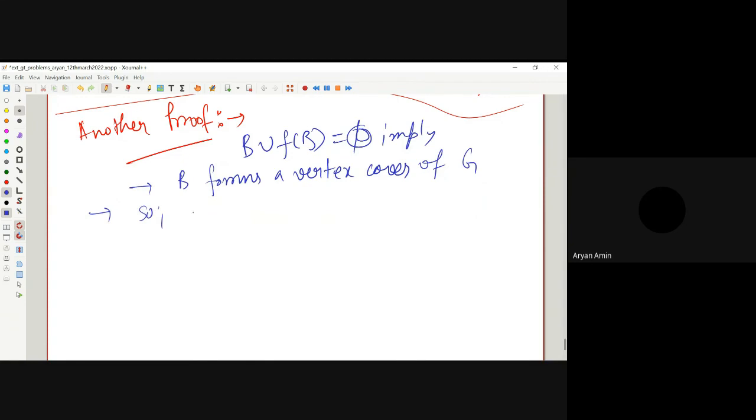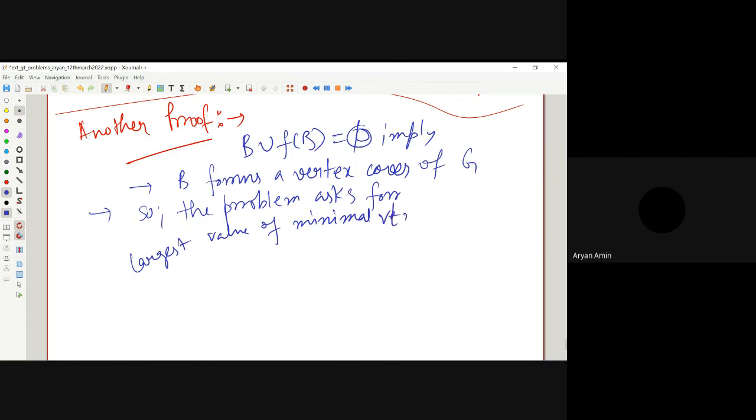So the problem asks for the largest value of minimal vertex cover. How do you interpret the condition A intersection FA is not phi if A's cardinality is 40?